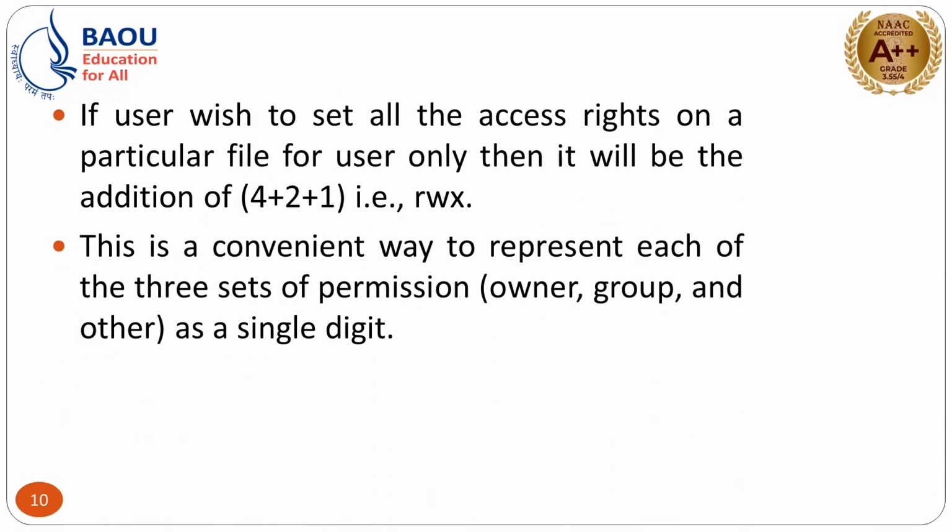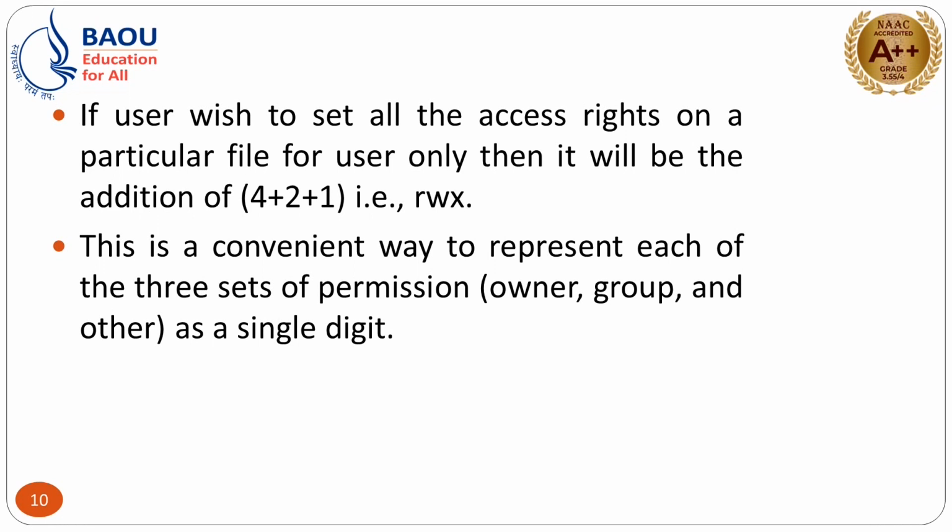Now observe here, suppose you want to assign all 3 permissions, RWX, then you can just add these 3 numbers, that is 4, 2 and 1. 4 is only for read permission, 2 is only for write permission, and 1 is only for execute permission. Now you are adding all 3 numbers, you will get 7.